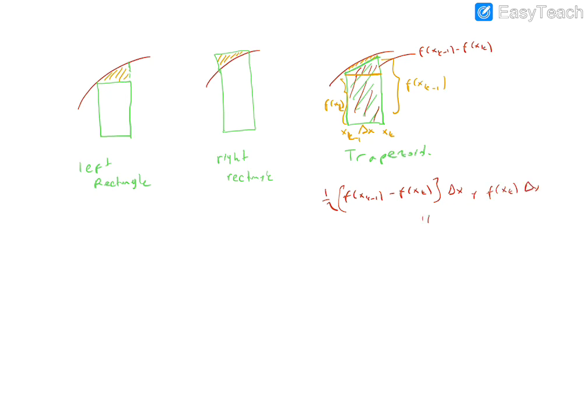So from here we obtain one half times f of x_{k-1} plus f of x_k, times delta x. If you know it, you can write this formula directly. There is no problem. So the trapezoid rule says, let's write the trapezoid rule.